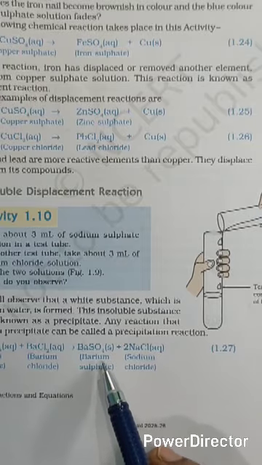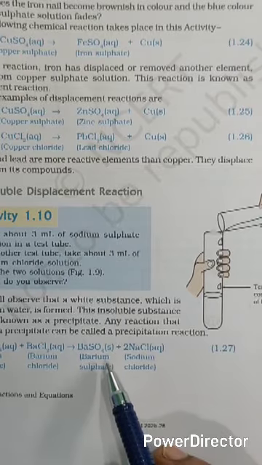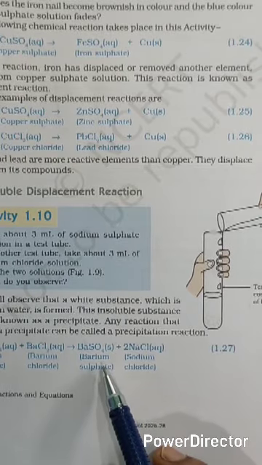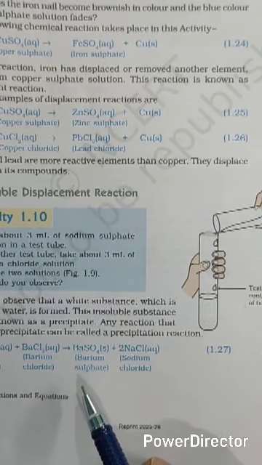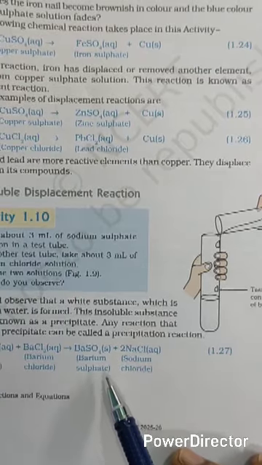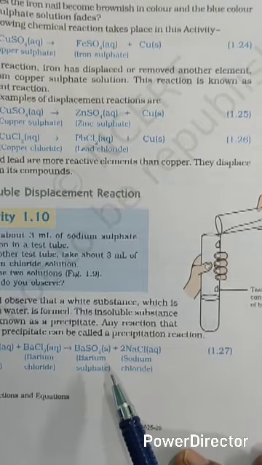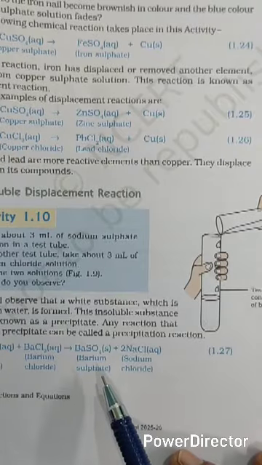So it will be precipitated, it will be deposited at the bottom of this glass test tube. So what will be the color? It will be a somewhat white solid, like a milky solid form.